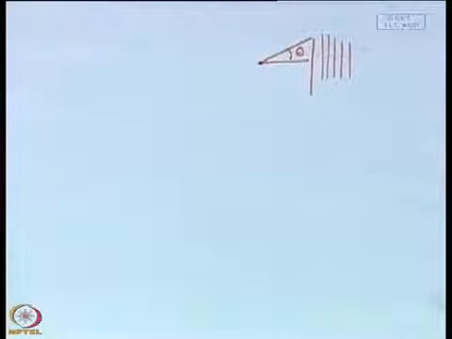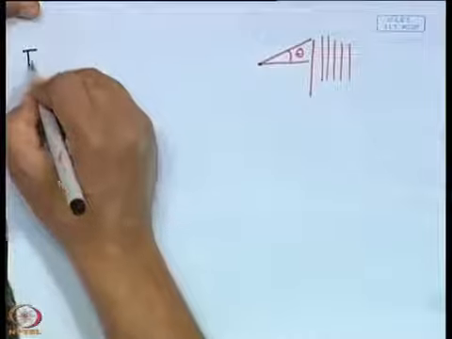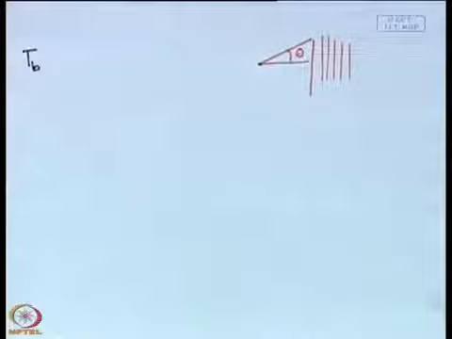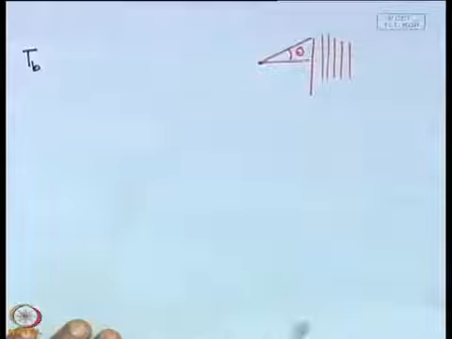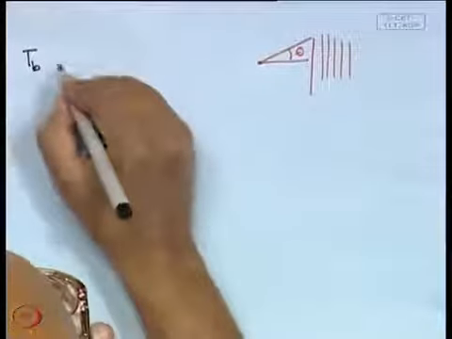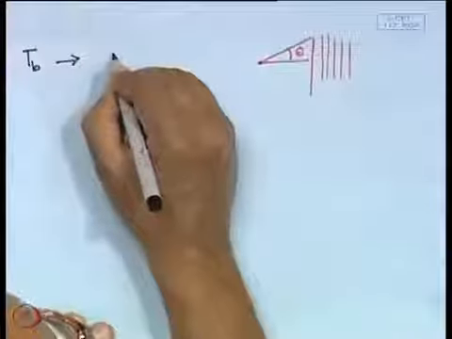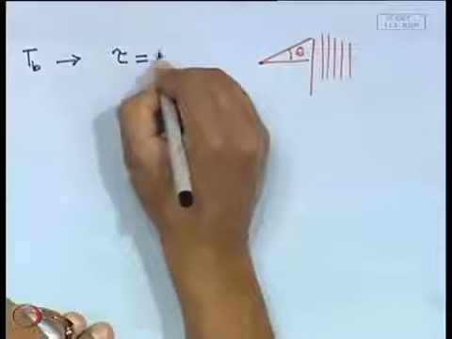Okay. So, what do we see? The first thing that we see is that the brightness temperature that will be observed is actually the temperature where the optical depth becomes equal to unity. So, the brightness temperature corresponds to the temperature at the place where the optical depth becomes unity.